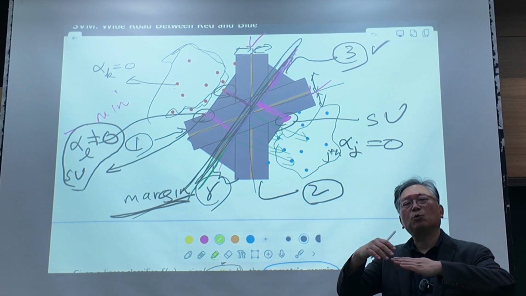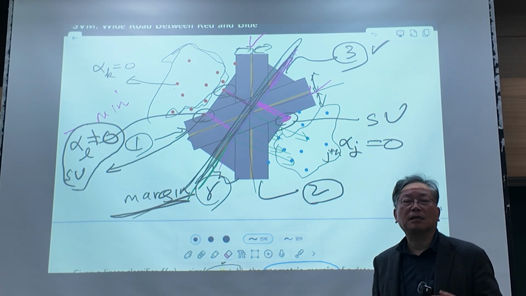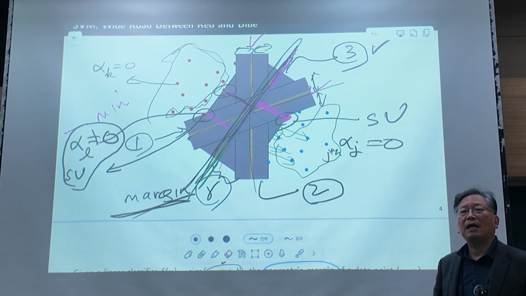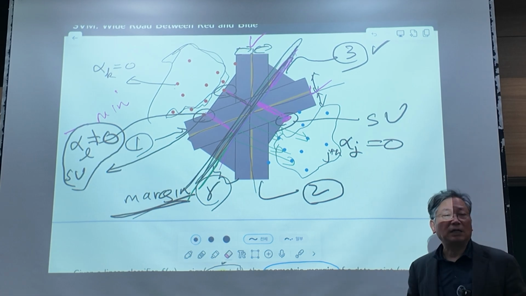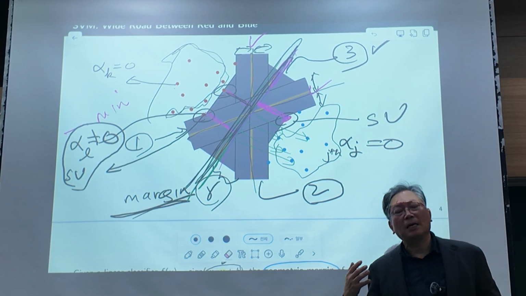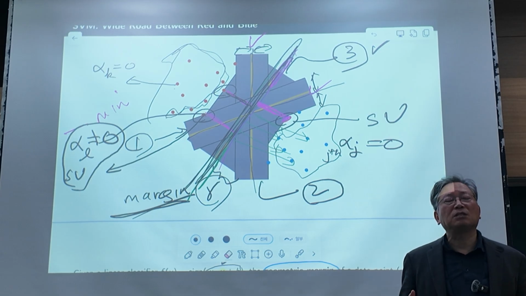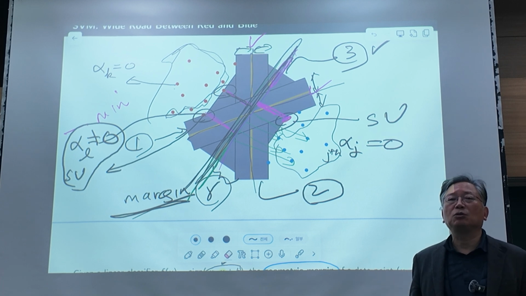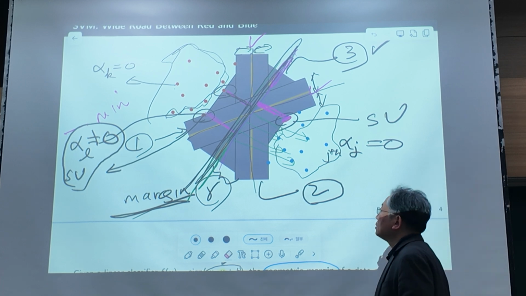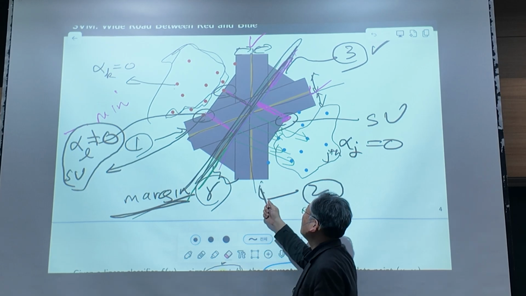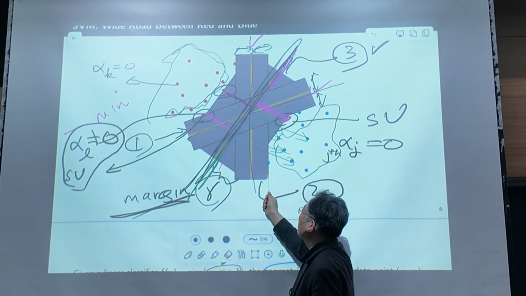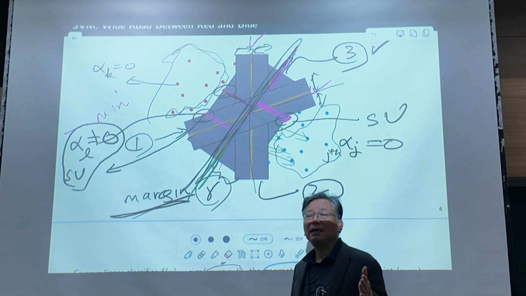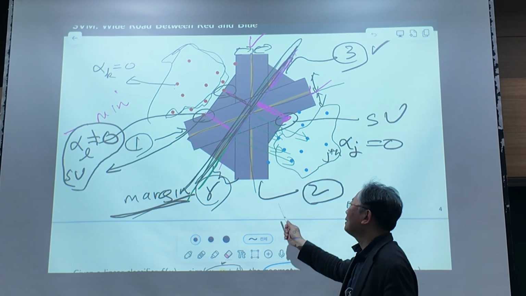Above that line is one class, below that line is another class, and we can have many different lines separating the two classes. In support vector machine, we're trying to find the widest road between the two classes. I could fit various roads, and the road should not contain any data point except at the edges.